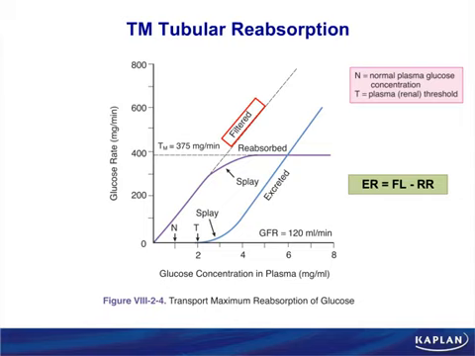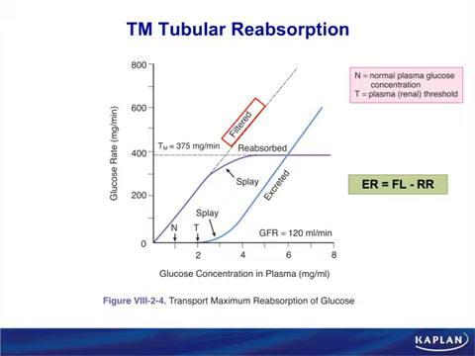As the plasma glucose concentration increases, the filtered load increases. Look at a glucose concentration of 6, for example. You can see that your filtered load is very high, maybe around 800 based on this graph. So the higher the plasma glucose concentration, the higher the filtered load is. So that's the first thing that we are graphing.